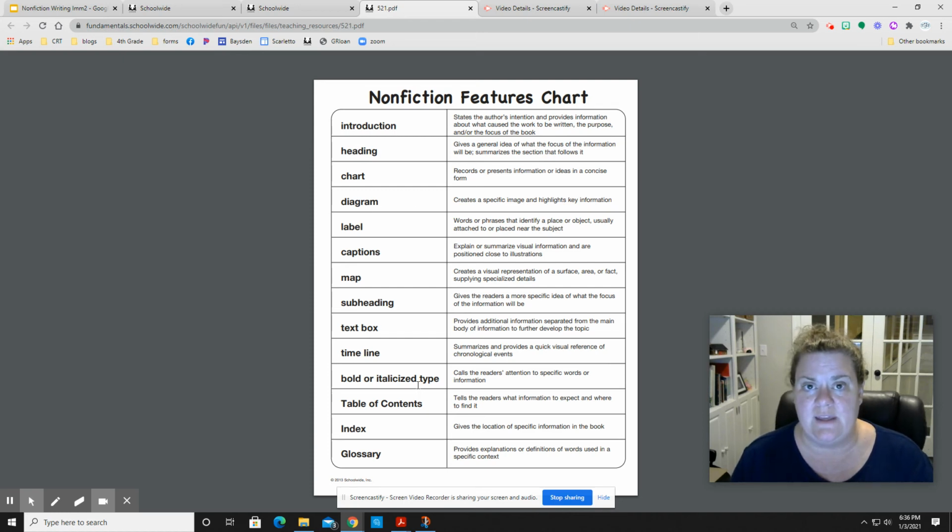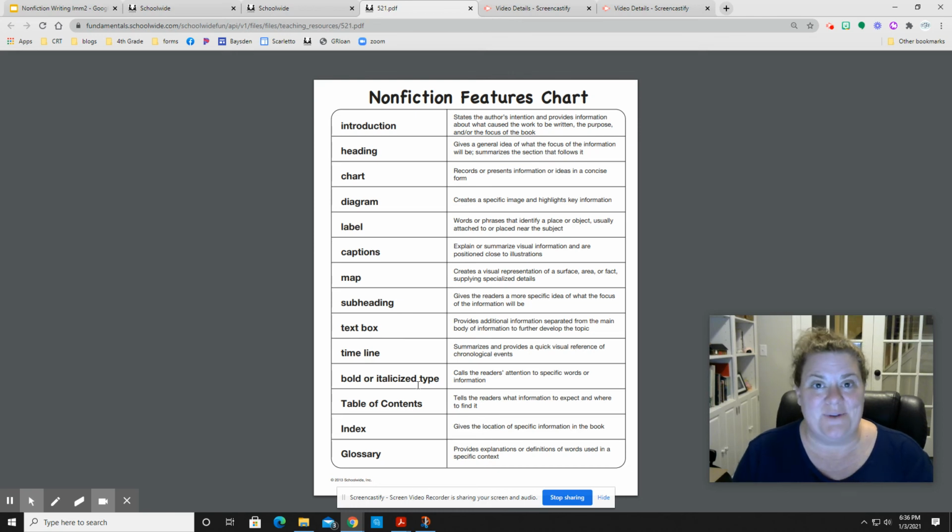Which one do you think is most important to a reader? As you've read, hopefully, a whole bunch of nonfiction books this week, which ones stand out to you? Which of these features do you definitely see yourself using in a nonfiction text?